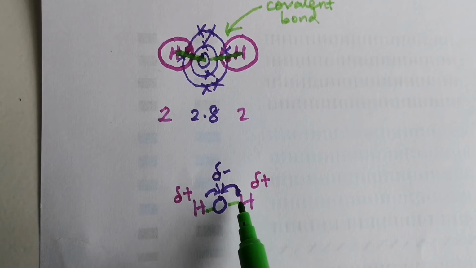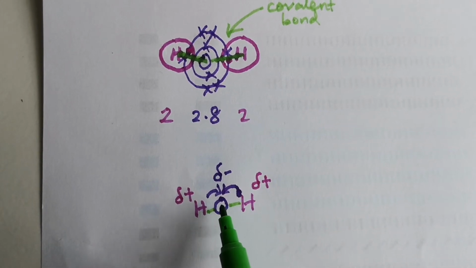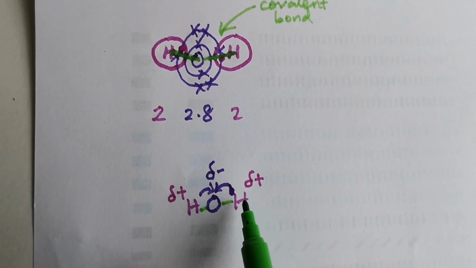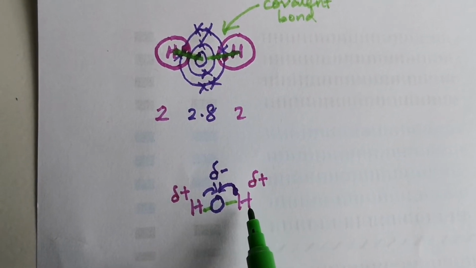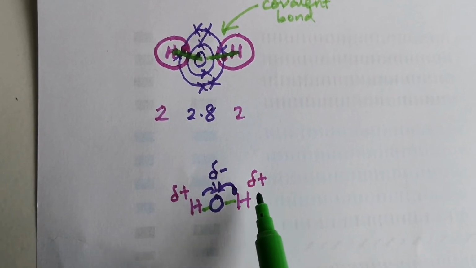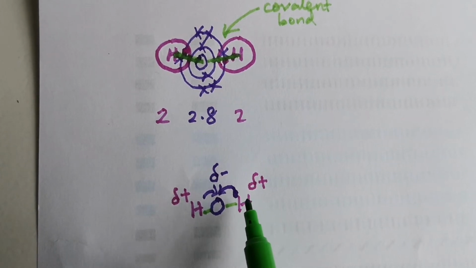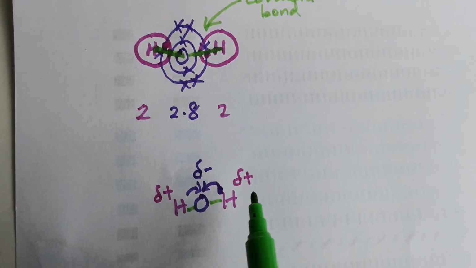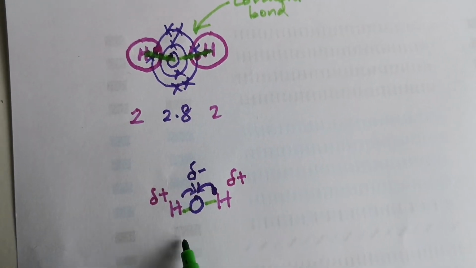So it will pull the electrons nearer to itself. Therefore, it becomes partially negative. And because electrons are further away from H, this H part here becomes partially positive. Okay, so this is what we call polar.